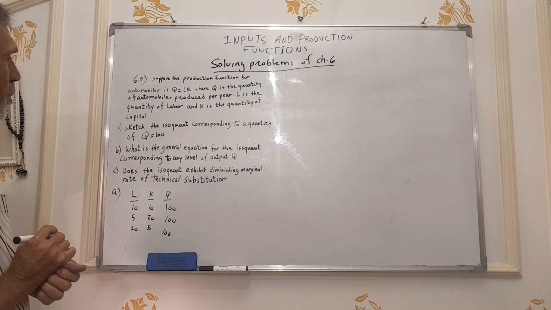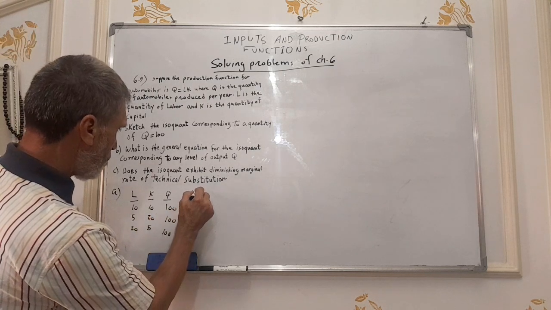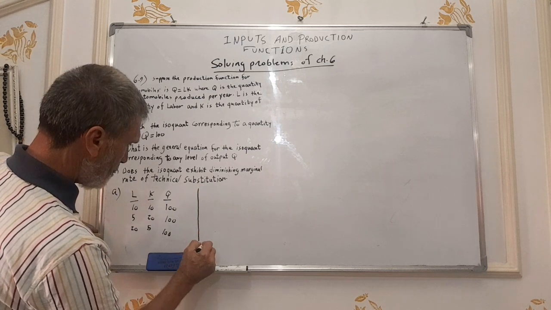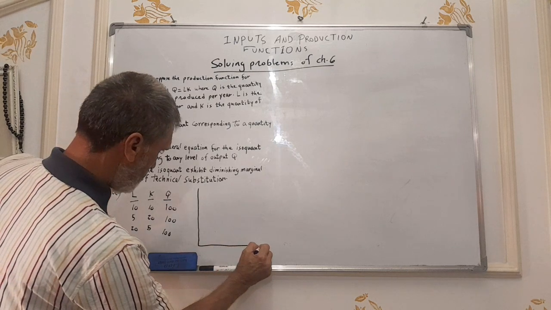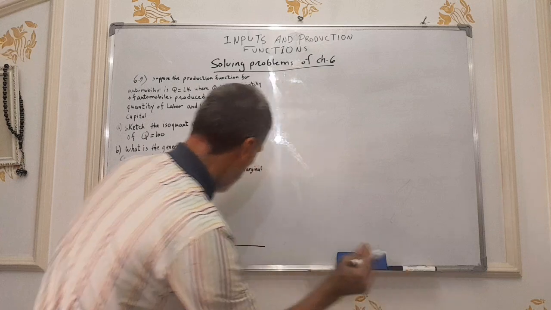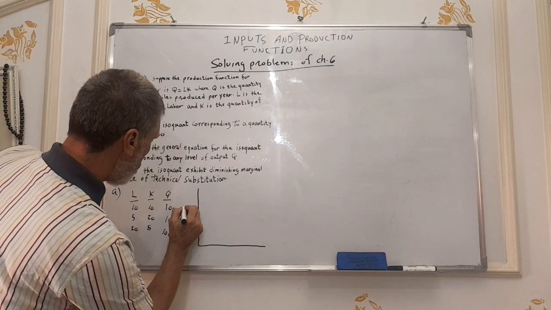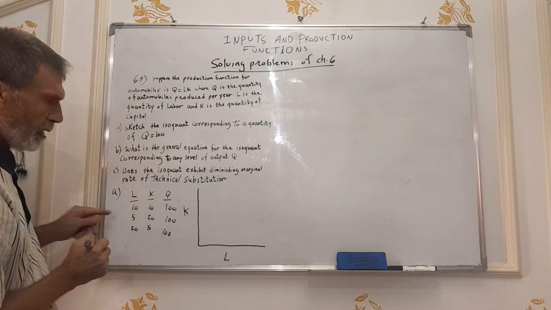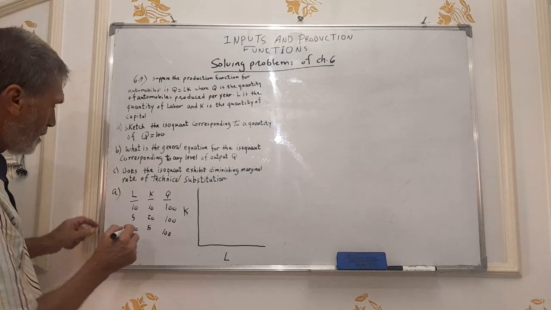So I need to sketch the isoquant. Let me do it over here. K is along the vertical axis and L along the horizontal axis. Now we get 5 and 20.